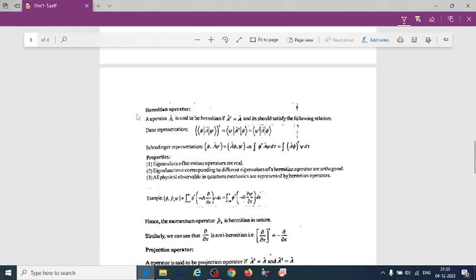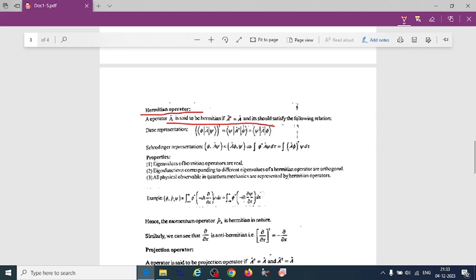So next, Hermitian operator. This is very important. Every time one question will be there on Hermitian operator, so you have to concentrate on this. Operator a cap is said to be Hermitian if a dagger is equal to a.